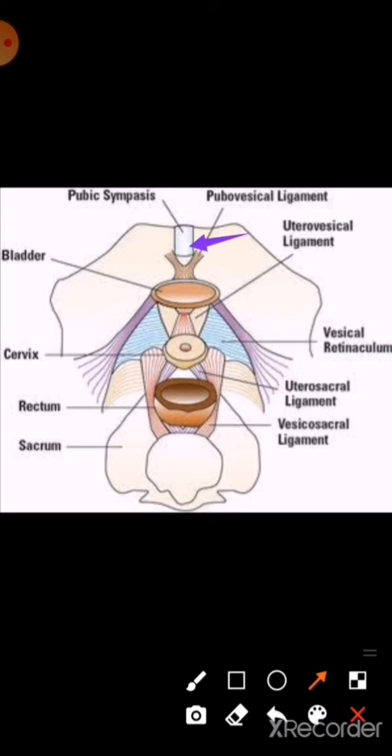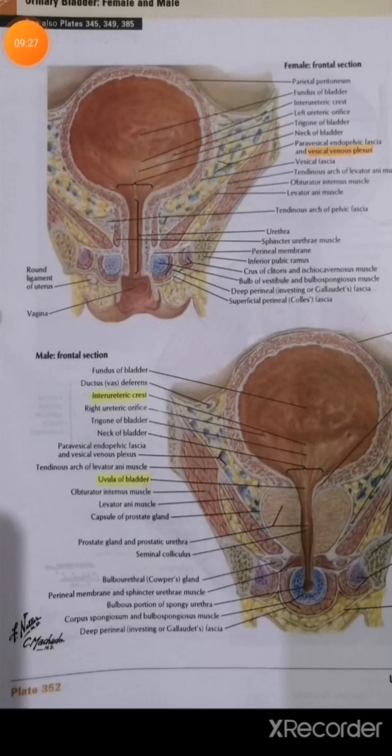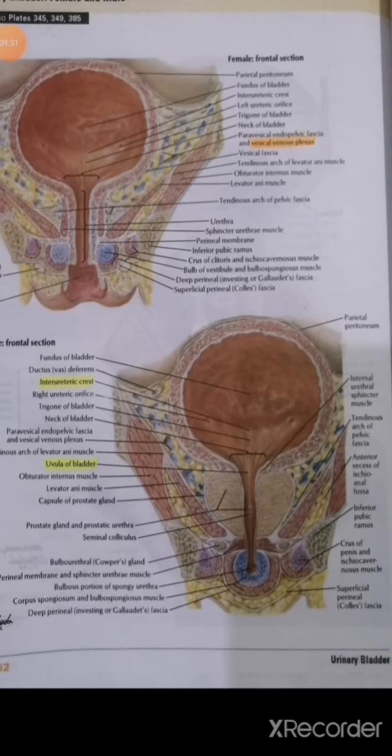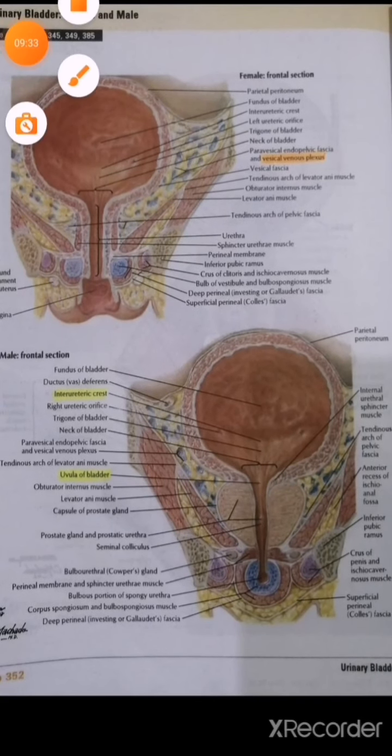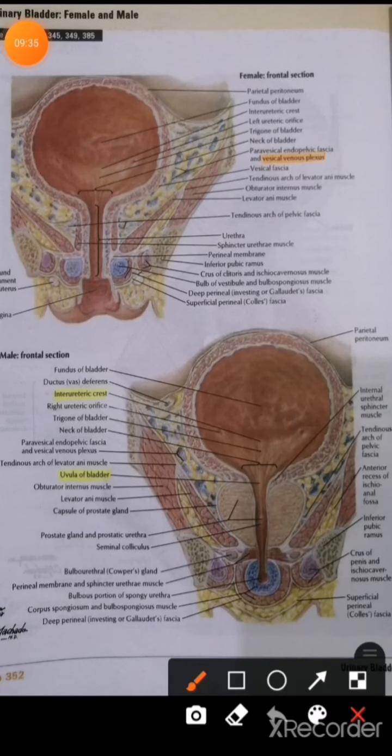Now let's talk about the relations in the male and then in the female. So these are the frontal sections, above of the female and this one below of the male. Now the neck of the bladder has basically been represented over here. So this part is the neck of the bladder, and it is pierced by the internal urethral orifice.